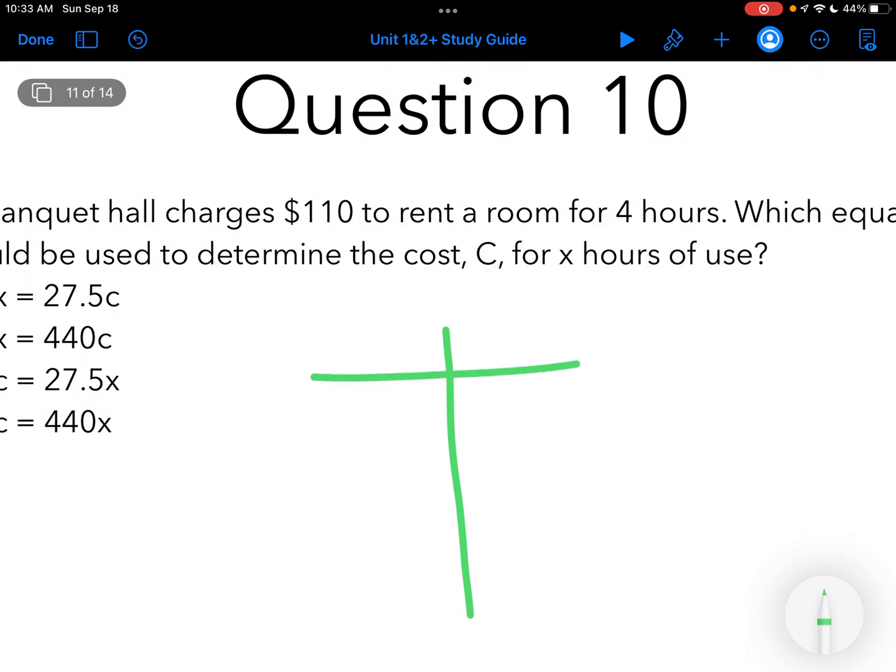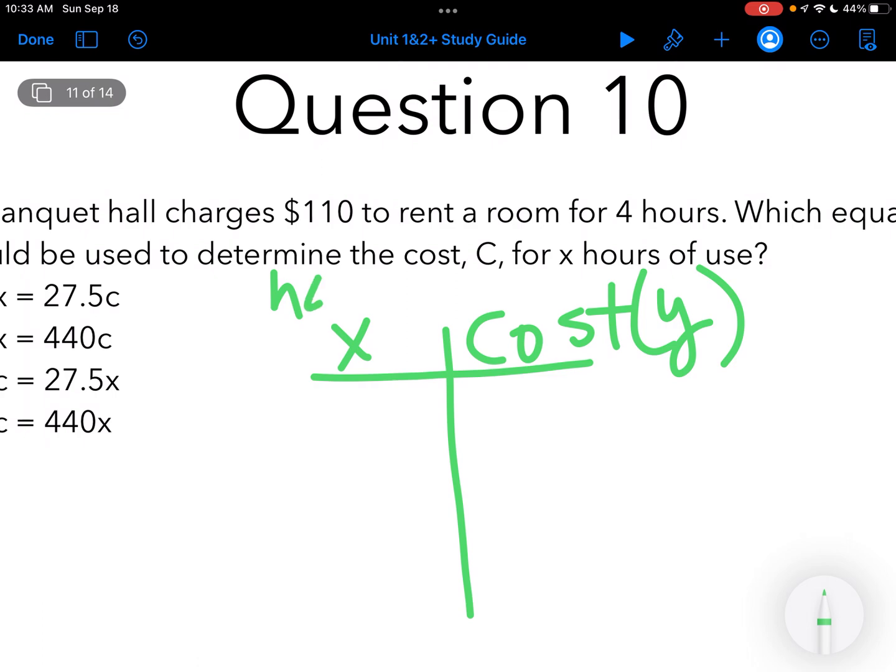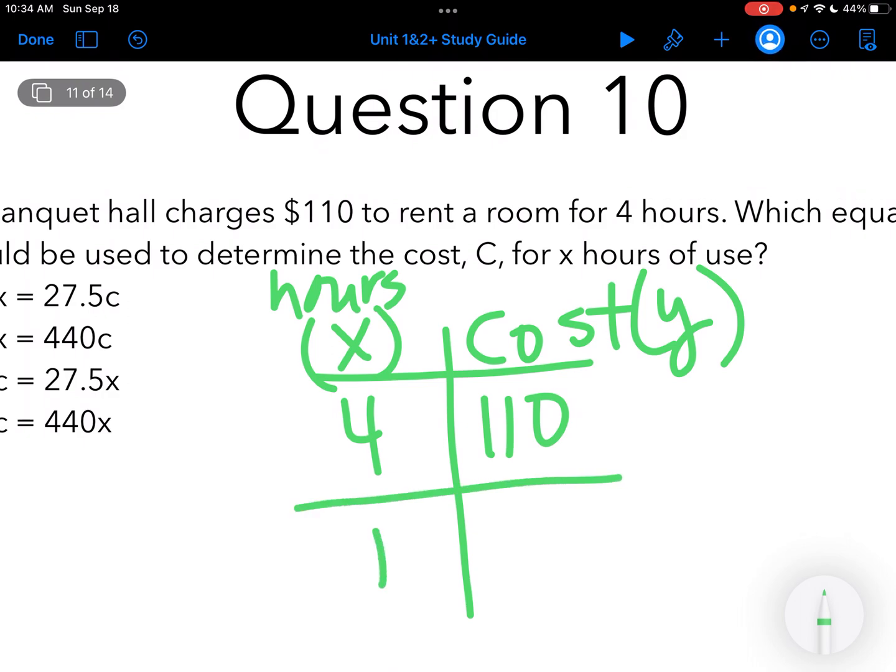So I've got my cost, and that's Y. And then I've got my X hours. So that's 4 hours for $110. So I want to find for 1 hour, so I'm going to divide by 4. So on my calculator, I'm going to do 110 divided by 4.